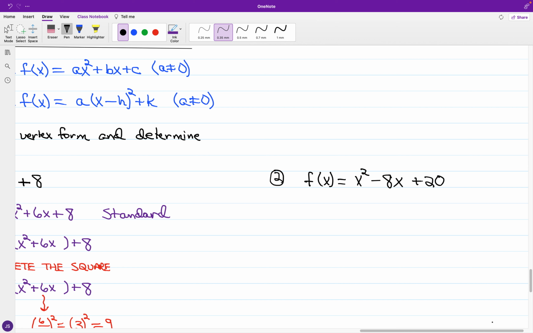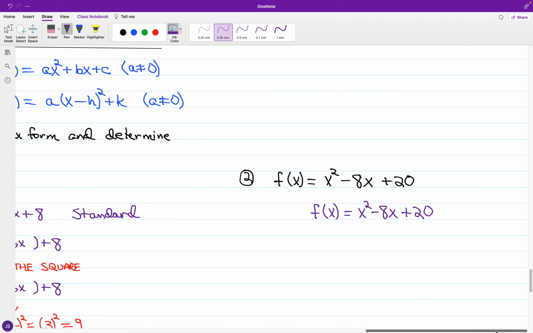Now looking at the vertex form on this one. So you have f of x is equal to x squared minus 8x plus 20.